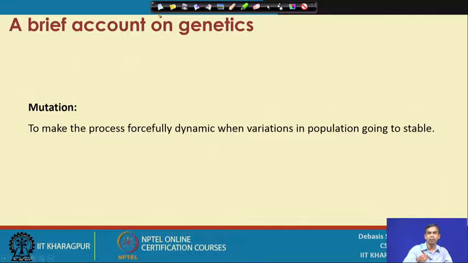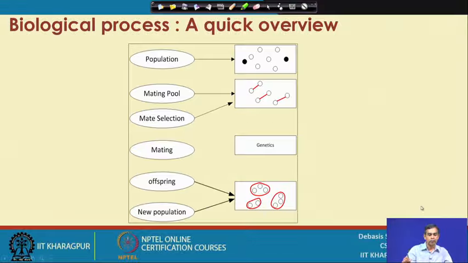So, mutation is also one part of our natural reproduction process or genetics. This concept is followed there, and we will learn how the biological processes, namely genetics and evolution, are followed there.